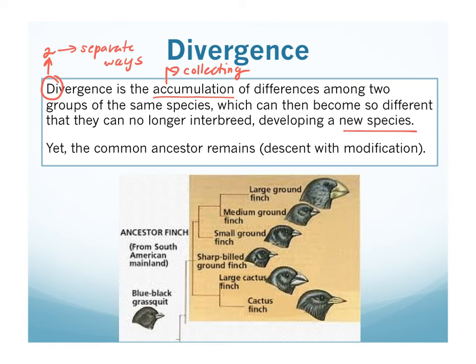So what they're trying to show here is that this particular finch basically turned into this organism here, but then it diverged into these organisms, which are different species. So they're all finches, but they're all different species of this organism right here. So you can see it diverges or splits off into two or more different groups.